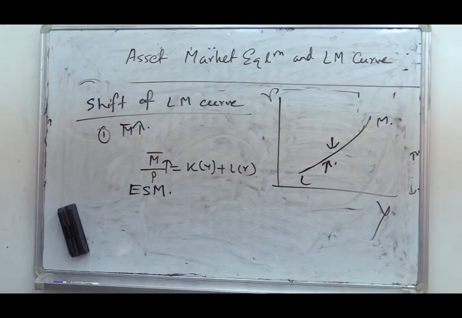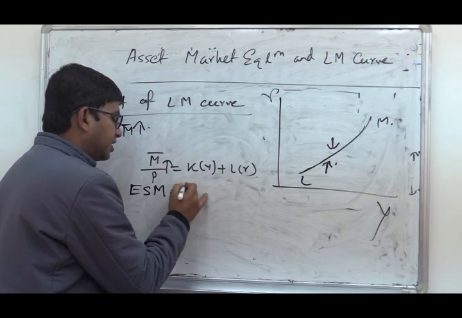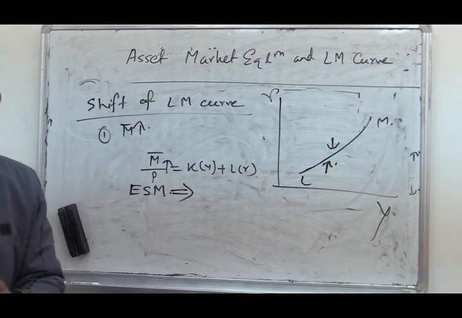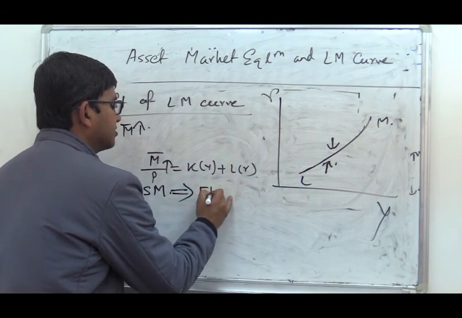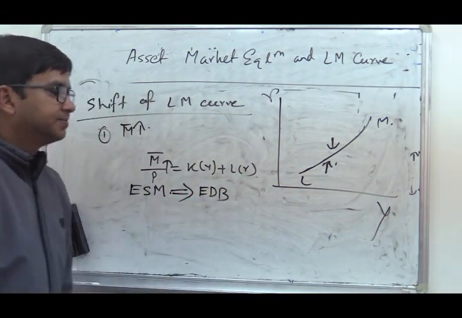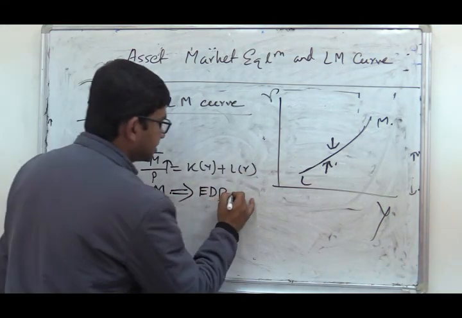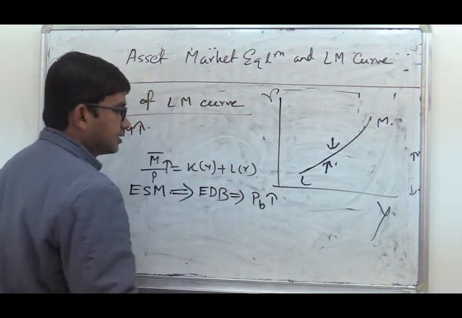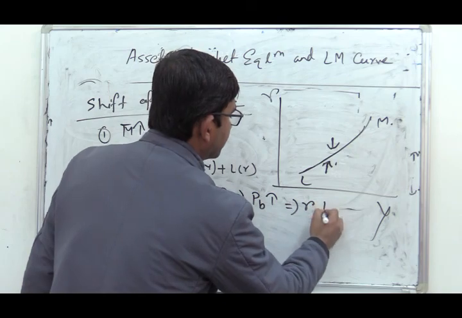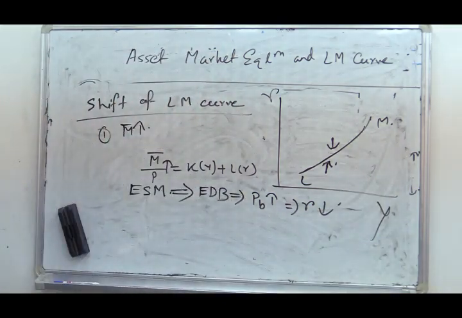To get rid of the extra money in their hand, people will start to purchase bonds. So there will be an excess demand situation in the bond market. Bond price will start to rise and the rate of interest will start to fall.